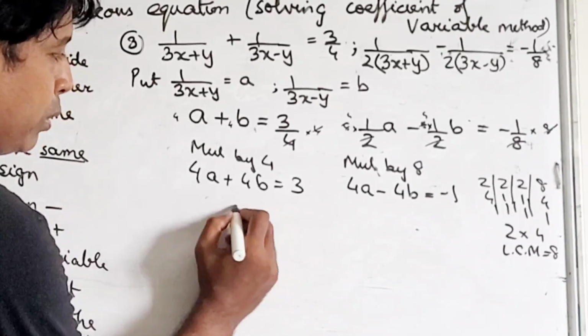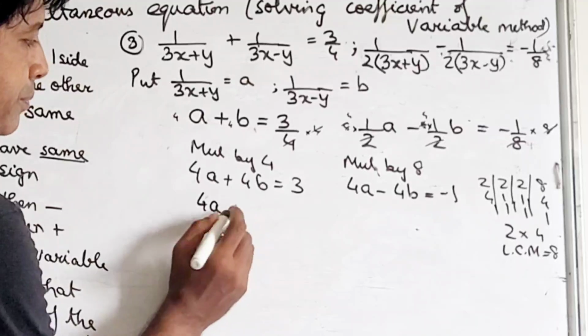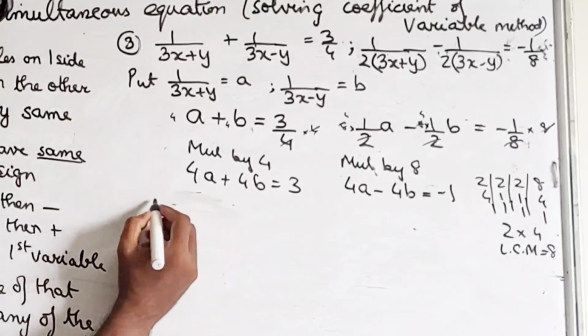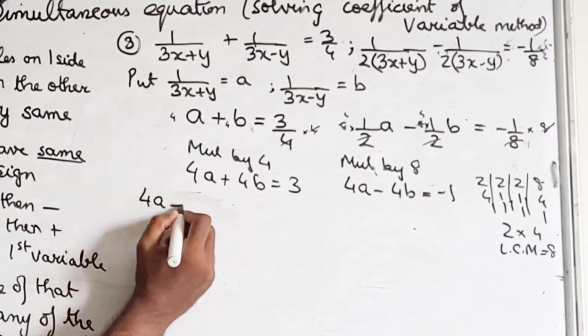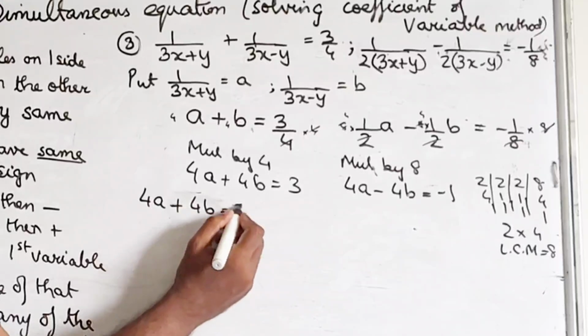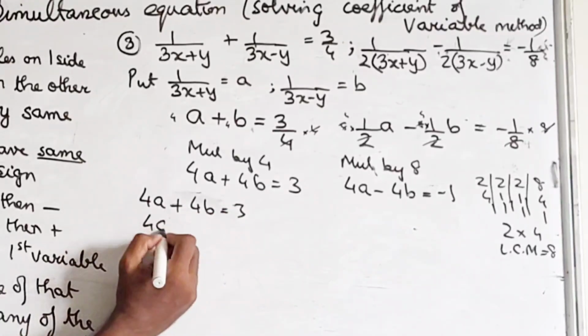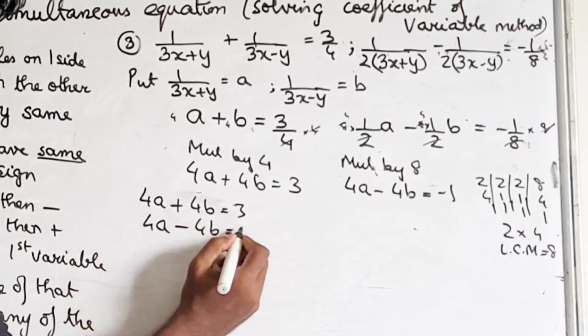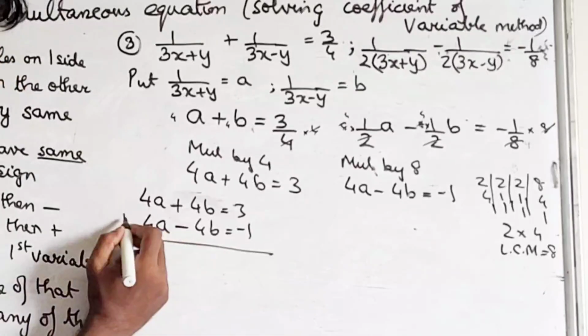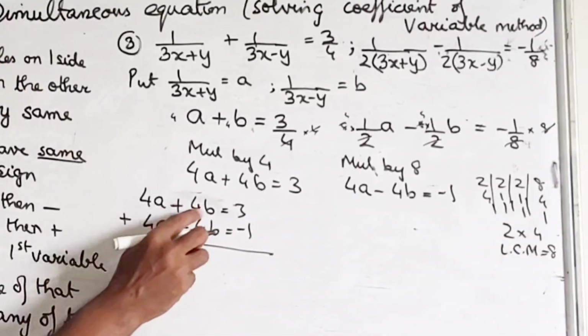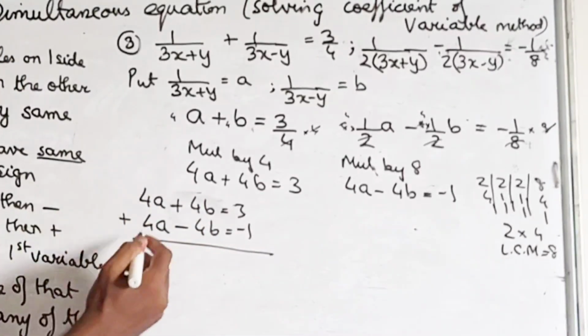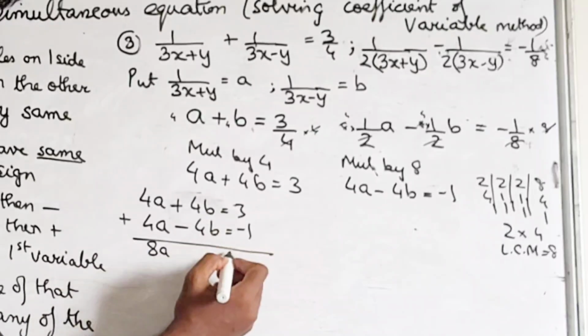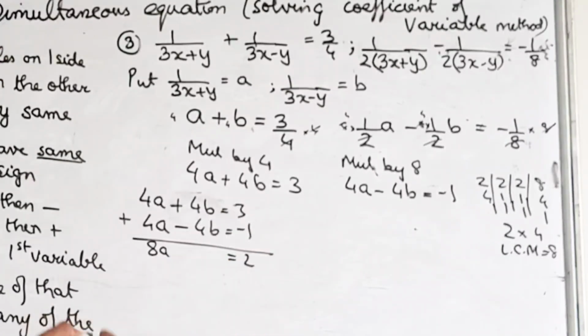So let me write it this side: 4a plus 4b is equal to 3, and 4a minus 4b is equal to minus 1. Let me add them, because they have opposite signs. So it's 8a, and this is going to be equal to 3 minus 1, which is 2.